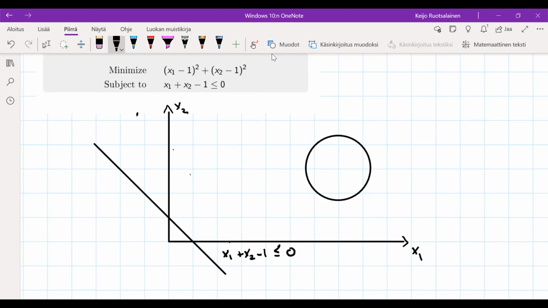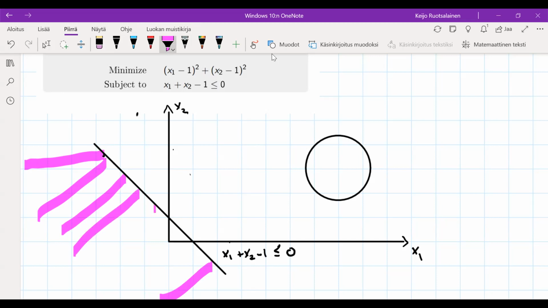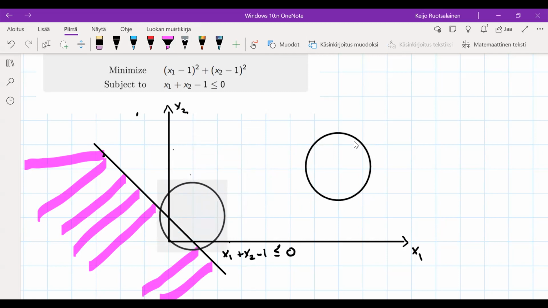And the constraint set is here. Then you take the circle or these disks. It is centered here.